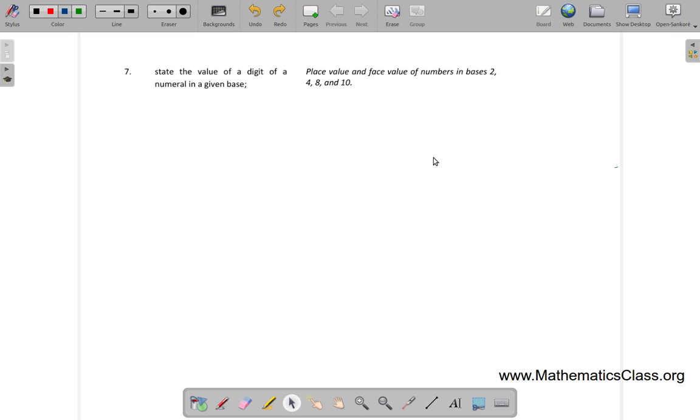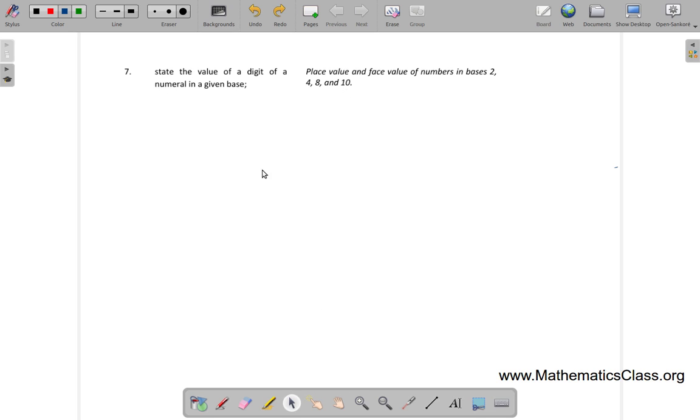In an earlier video, we looked at the place value and face value of numbers in base 10.